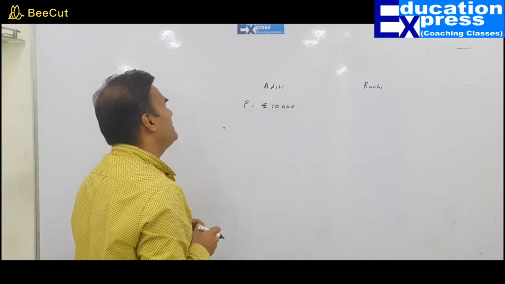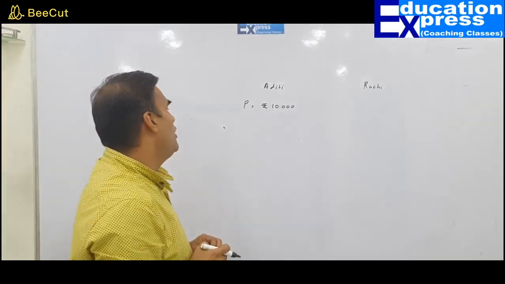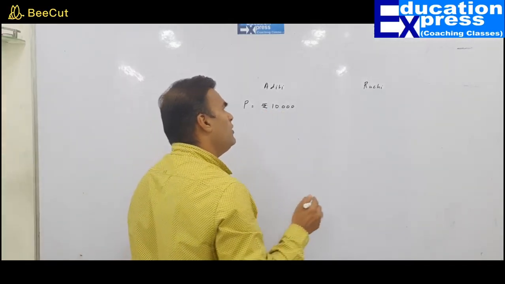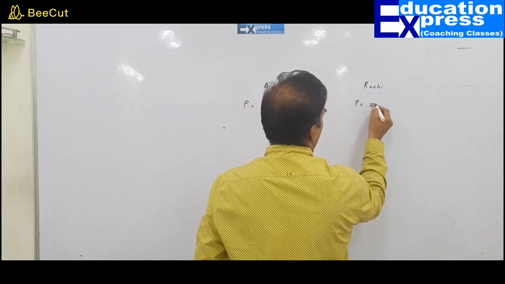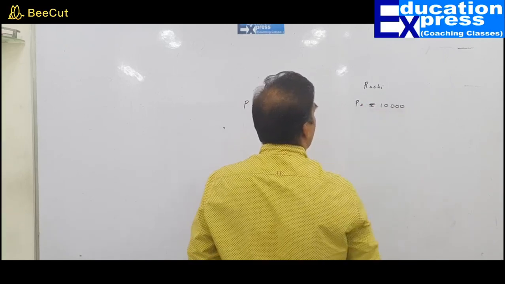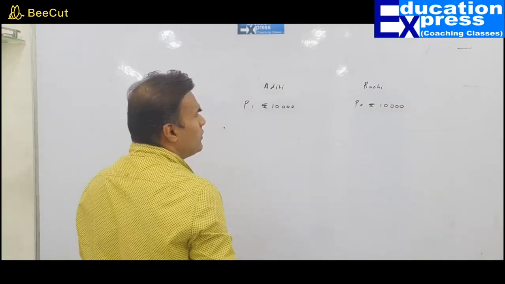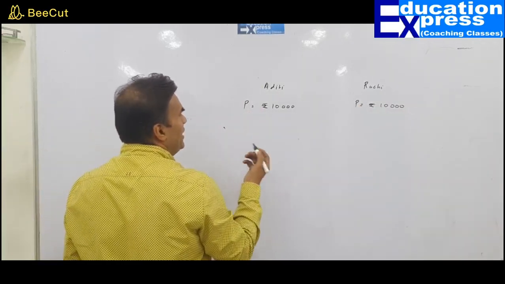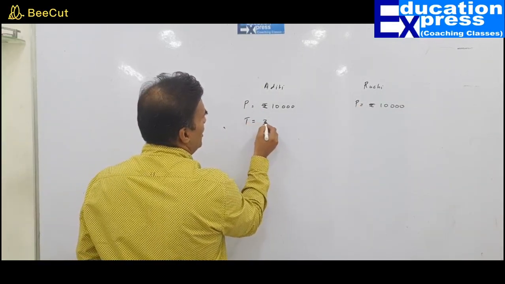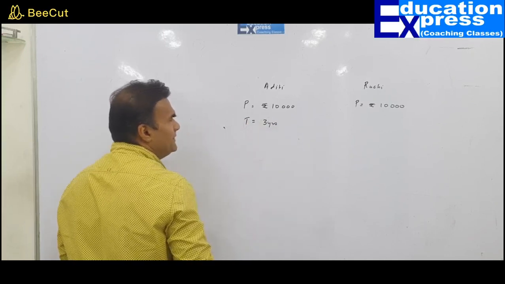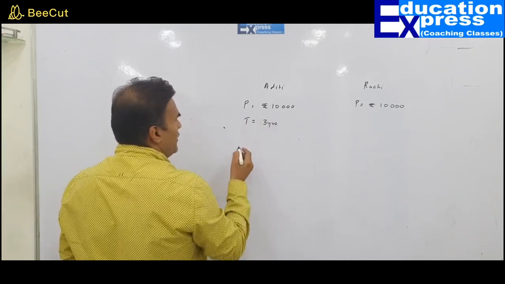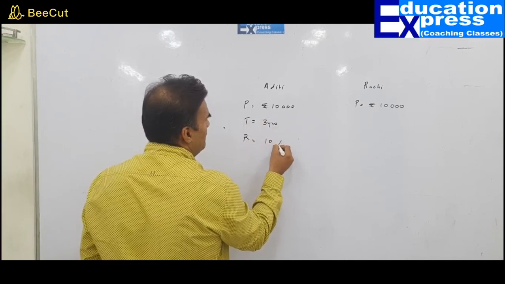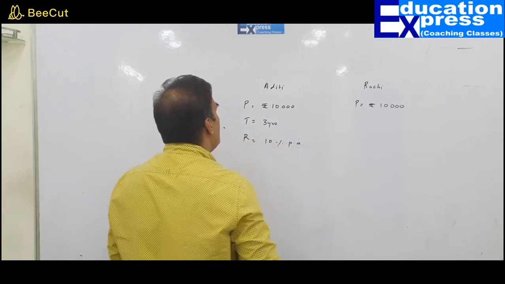Use the word principal, or we can call it sum borrowed, or the amount lent. They both had rupees 10,000 with them. Now the investment horizon was that they can invest for 3 years. So time period 3 years, and the rate was 10% per annum.